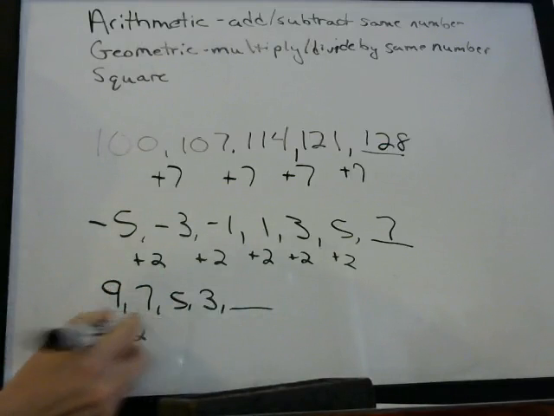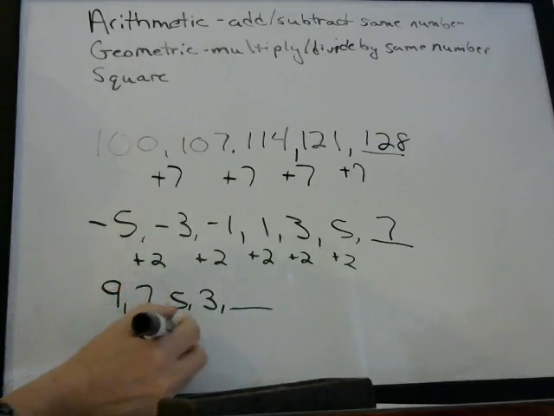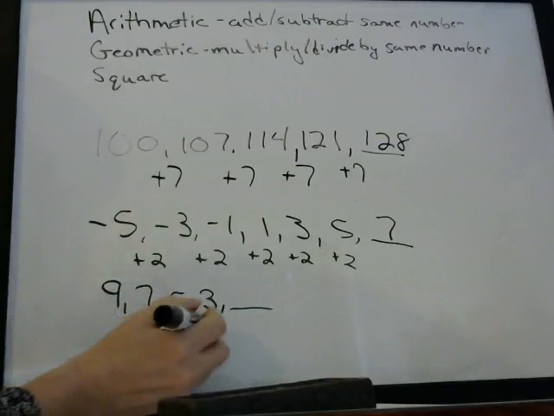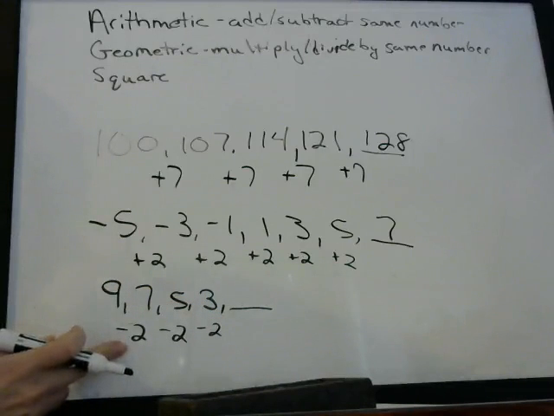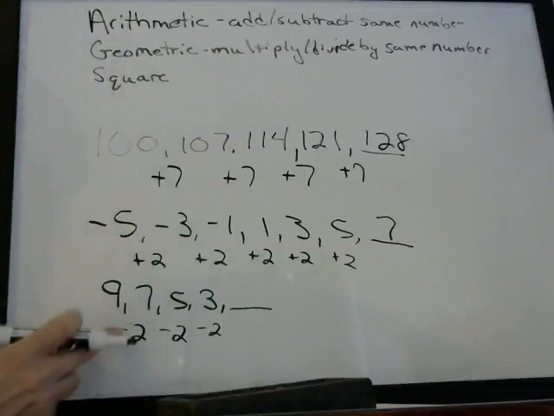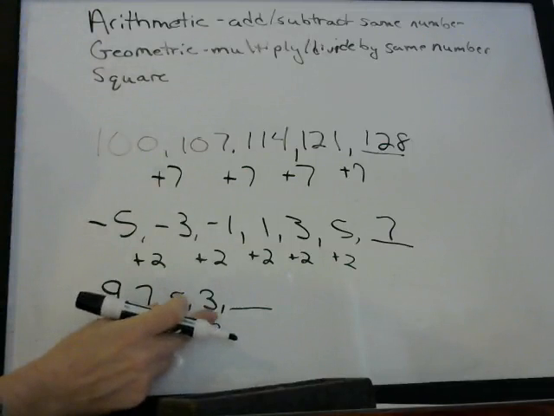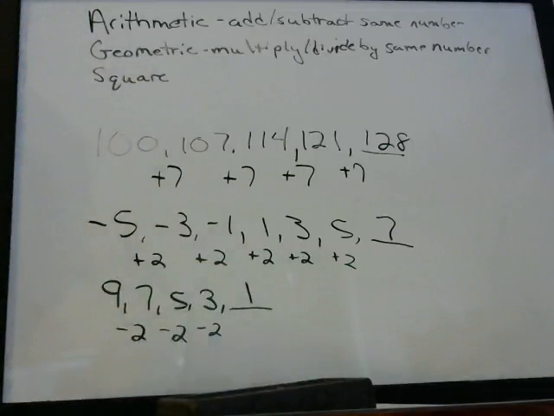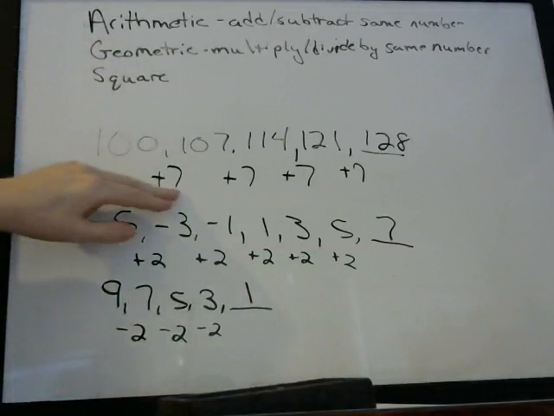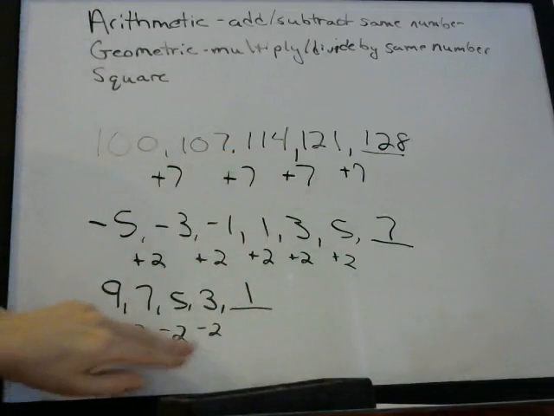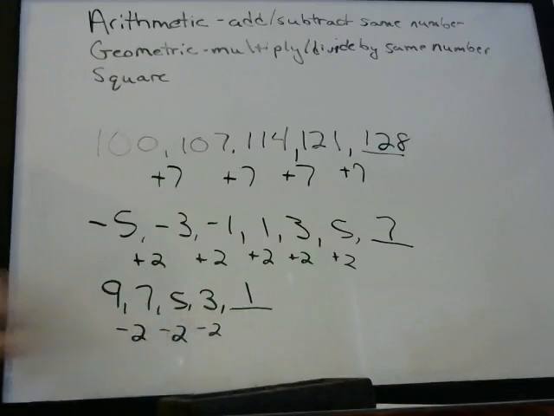We subtracted 2. 7 to 5, you subtract 2. 5 to 3, you subtract 2. So they're always subtracting the same number, so it's arithmetic. You simply do 3 minus 2, and the next number in the sequence would be 1. So the first thing you always want to check is, is it arithmetic? Are they just adding the same number or subtracting the same number from each element to get the next element?